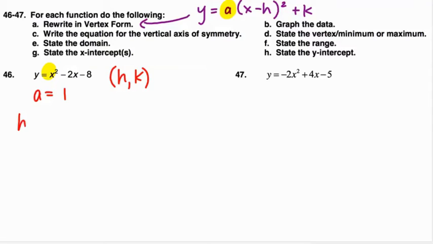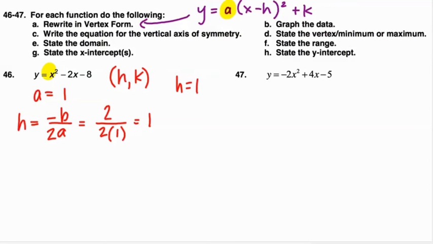Well, remember that h is equal to negative b over 2a. Well, negative b would be the opposite of negative 2, which was positive 2, over 2 times 1. So in this case, h is 1.